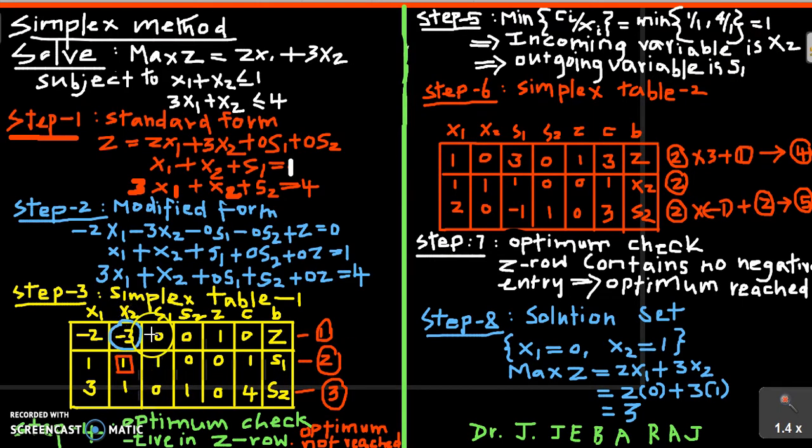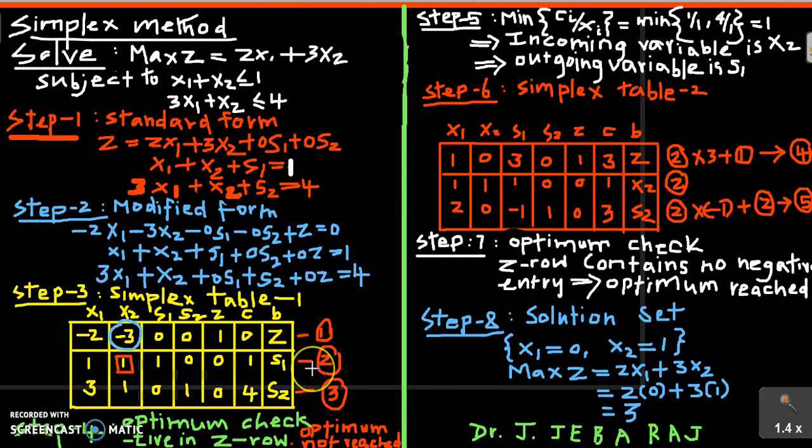This is the maximum negative number, which is called the incoming variable. The intersection of the incoming variable and the outgoing variable, the outgoing variable we have found is s1, and this number we call the pivotal element.